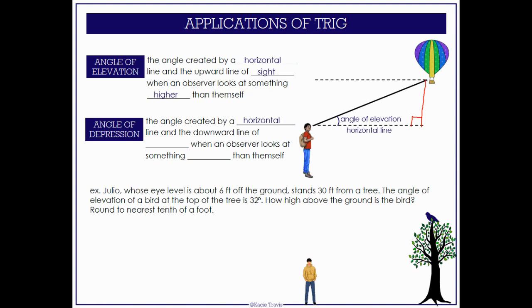Now, along with this, we also have the angle of depression. The angle of depression is created by a horizontal line and the downward line of sight from an observer looking lower than themselves. So, essentially, it's kind of like the word problems we did for the Pythagorean theorem at first. We're going to be taking a situation, drawing up a right triangle, and then using that situation in that picture to find our angles in that new triangle we just made.